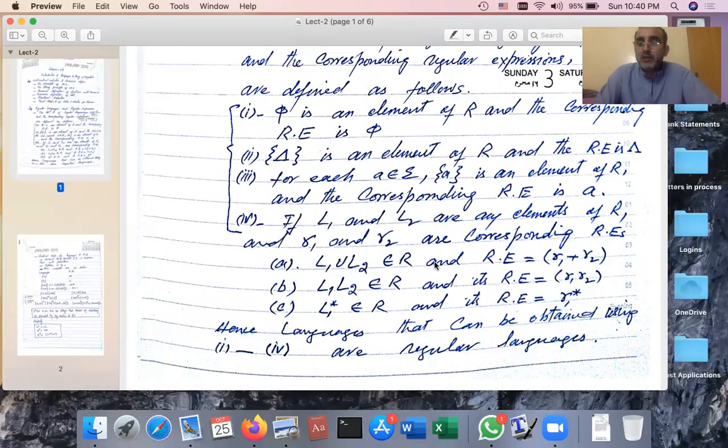This is some kind of representation of elements, but if we want to represent it in the form of a regular expression, then RE is equal to R1 plus R2.